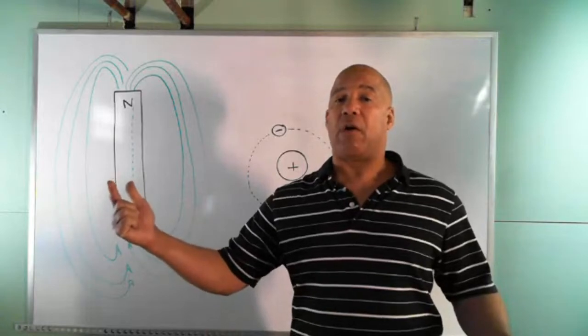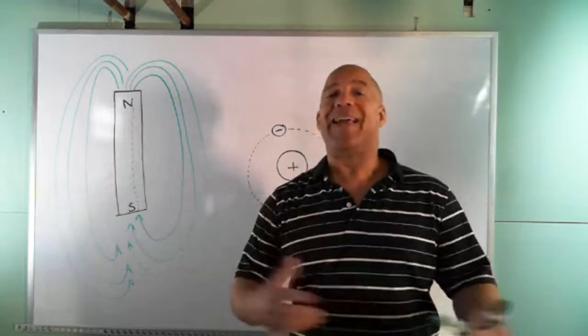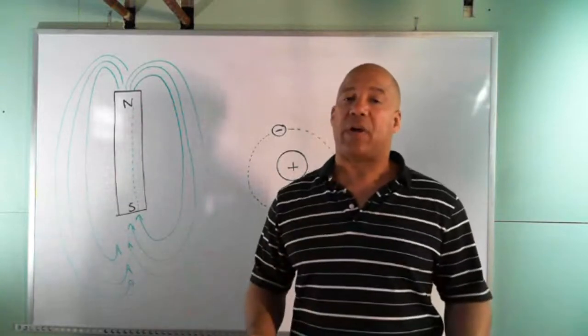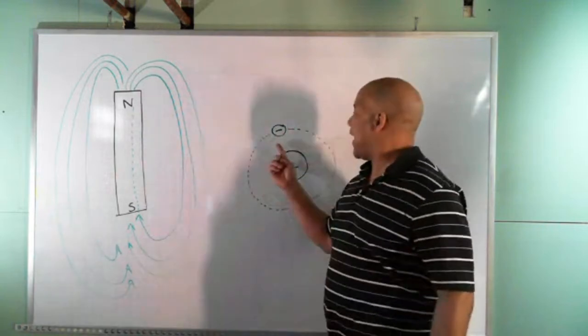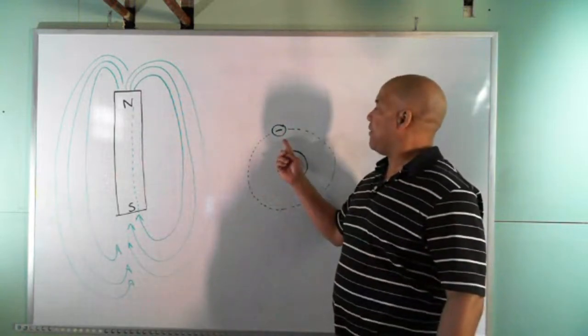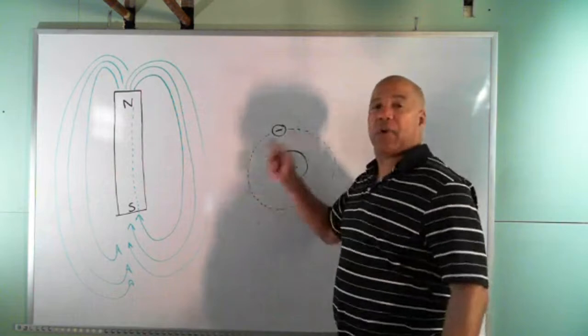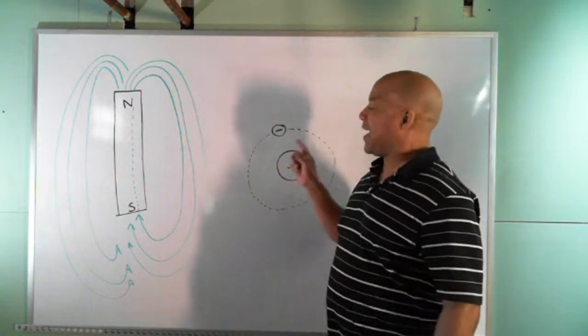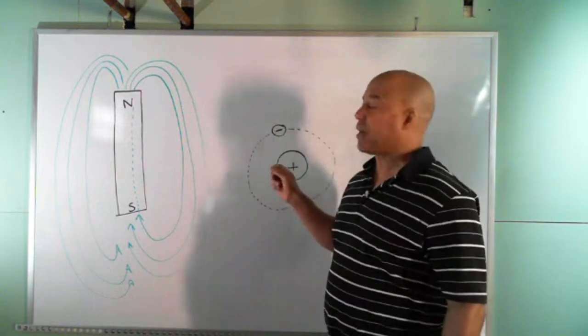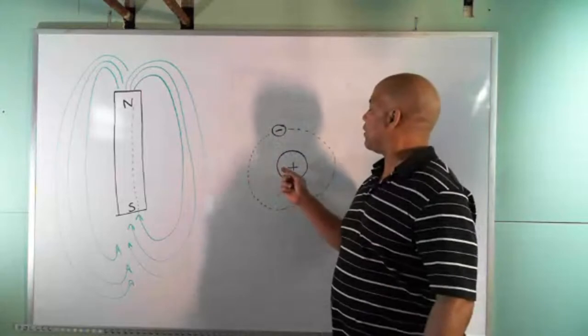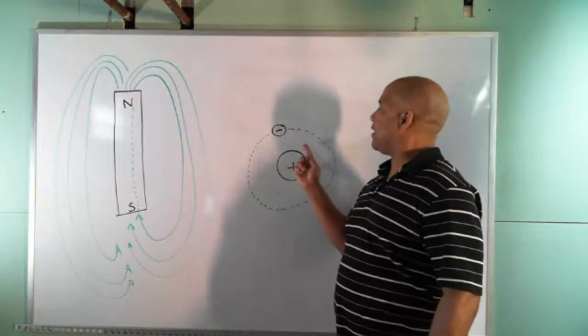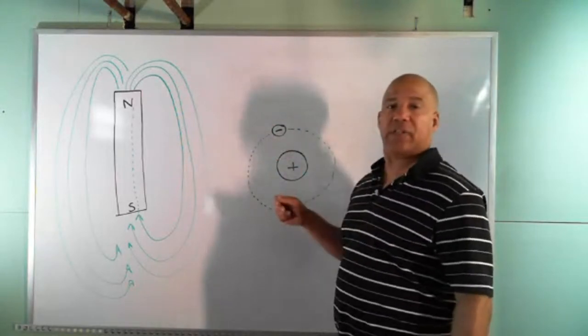An object or a current moves from point A to point B, but any kind of motion constitutes electric current. So if the electron is revolving around the nucleus, then there's actually a tiny microscopic current that exists around the nucleus of an atom as the electron revolves around the nucleus.